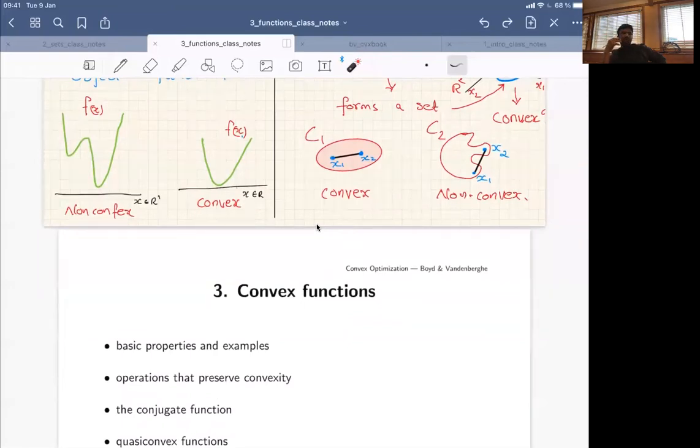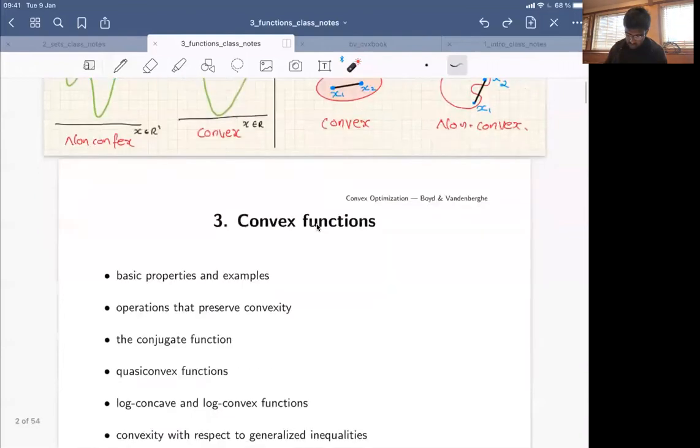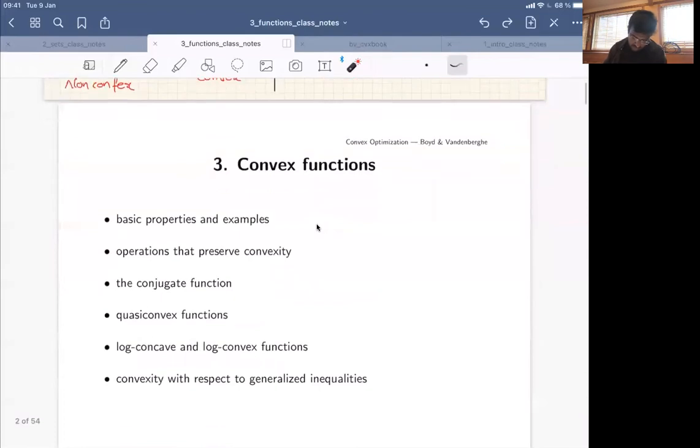But in this course we are learning many techniques which can help you identify, within a few seconds, that a very complex function is convex because of this. That's what we are going to see in the coming lectures.